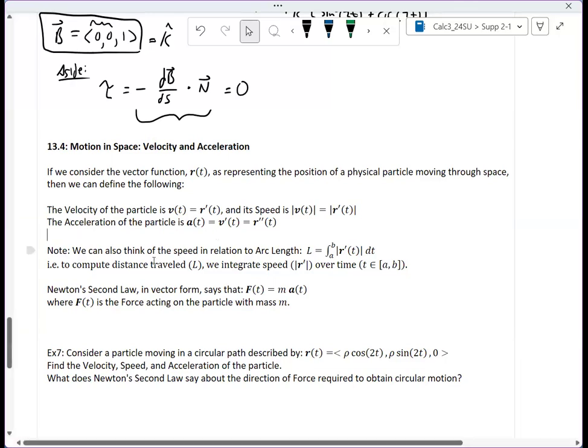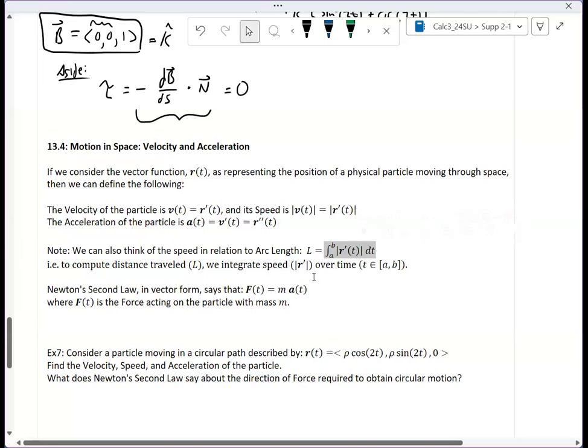As a little side note, we can also think of speed in relation to arc length. Here we're thinking in terms of some parameter t that is more inherently tied to something like the 3D coordinate system. But we saw that arc length was more inherently tied to the curve itself. We know that arc length is the integral of length r prime, but length r prime is just length v, it's just speed.